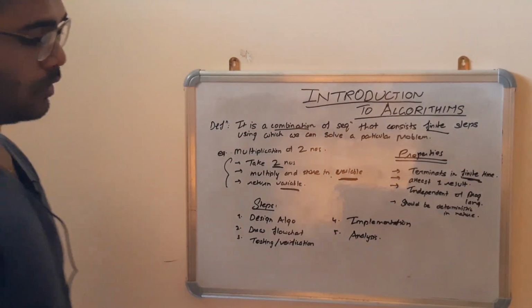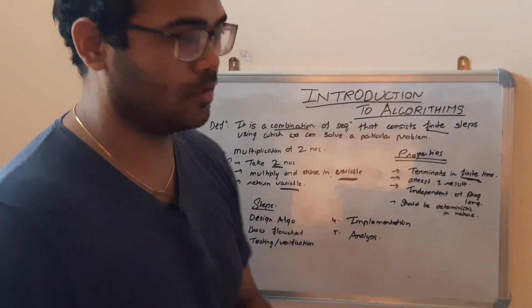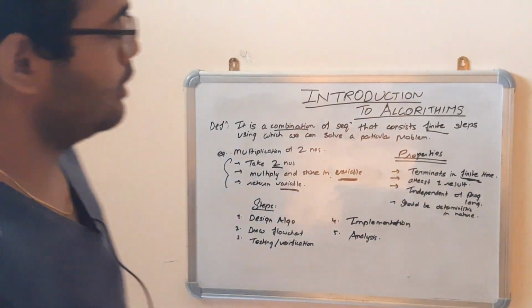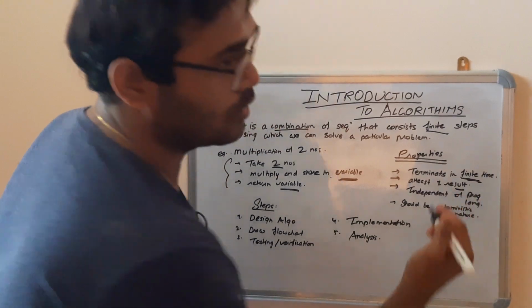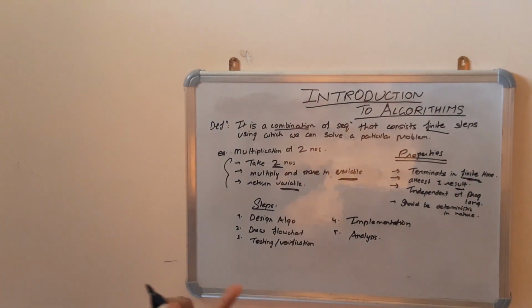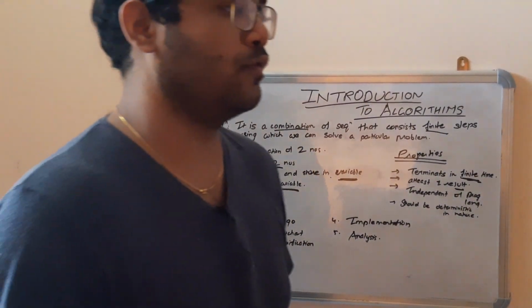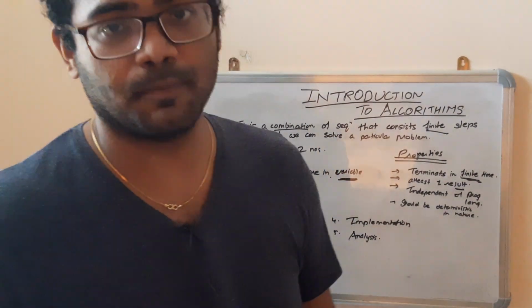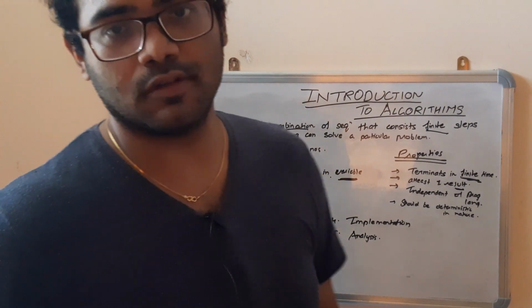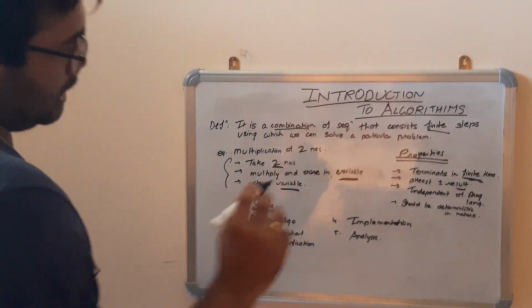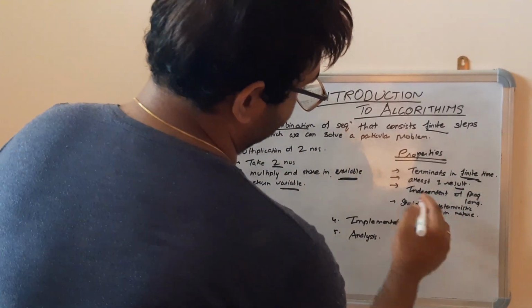So we have to make sure the algorithm that we have selected ensures that we have at least one result coming out of it, because if you don't have any result out of a problem, then that algorithm is definitely useless, right? So we need to have at least one result.